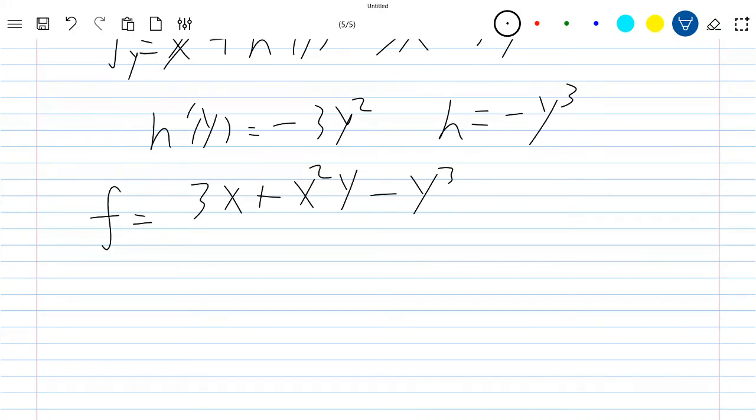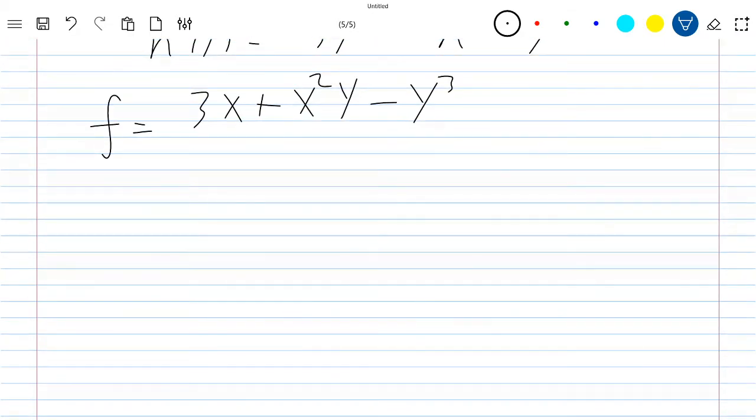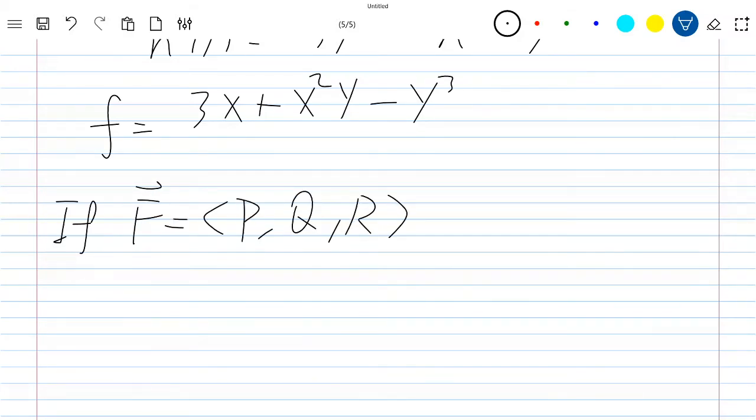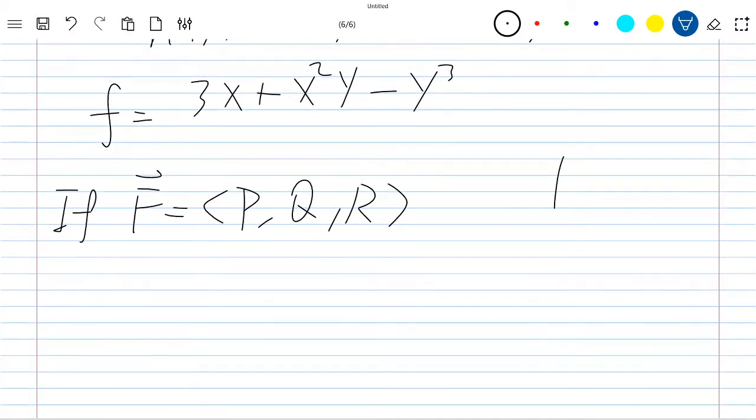Okay. Now let me briefly mention what happens in the 3D case. If f equals p, q, r, then how do we know if it's conservative? Well, it's very similar, but it's just harder to prove.